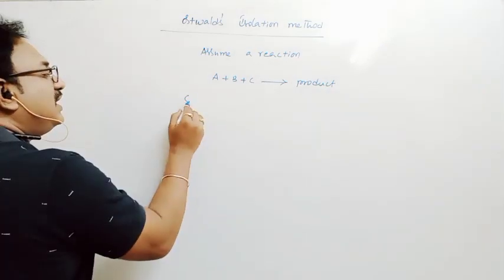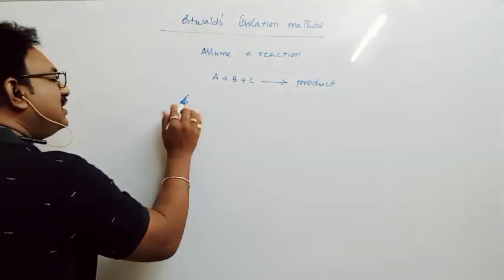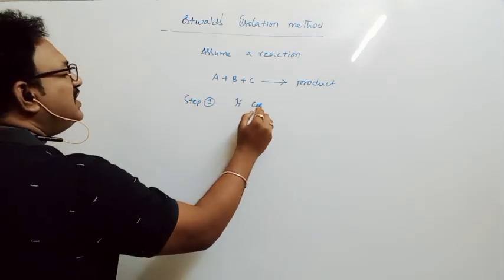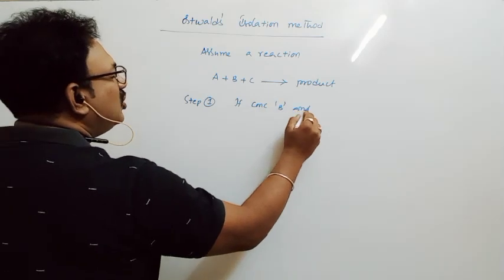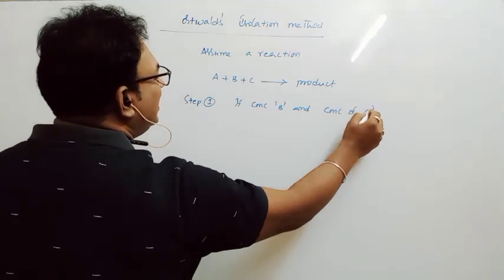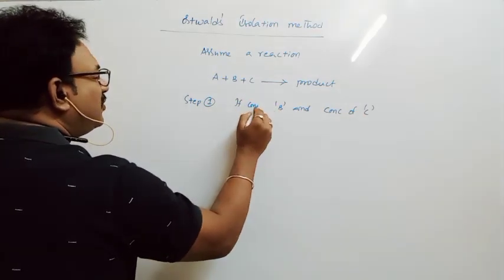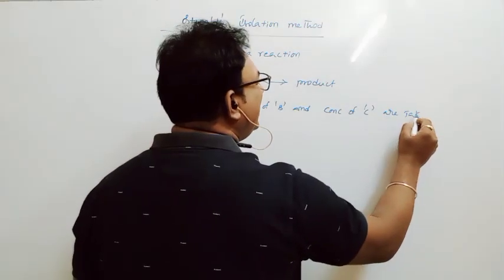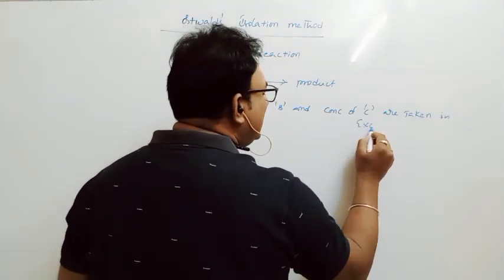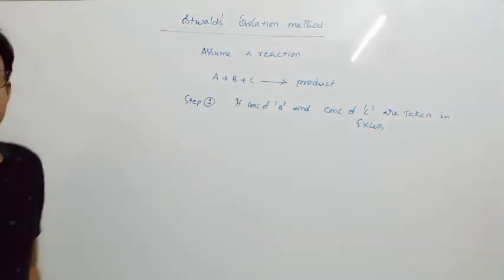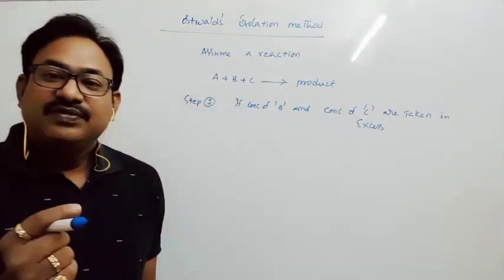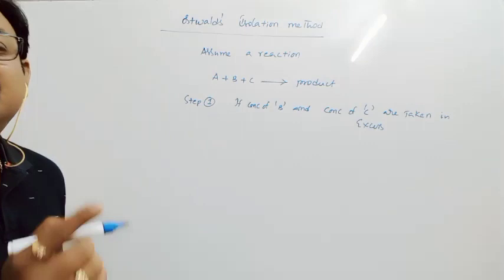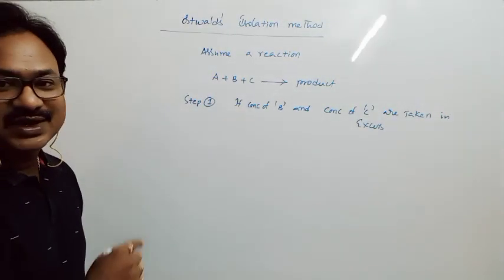Now, in step 1, listen carefully. If the concentration of B and the concentration of C are taken in excess, and if any reactant is taken in excess, the rate is independent of that reactant. If the concentration of a particular reactant is taken in excess, the rate is independent of that concentration term.